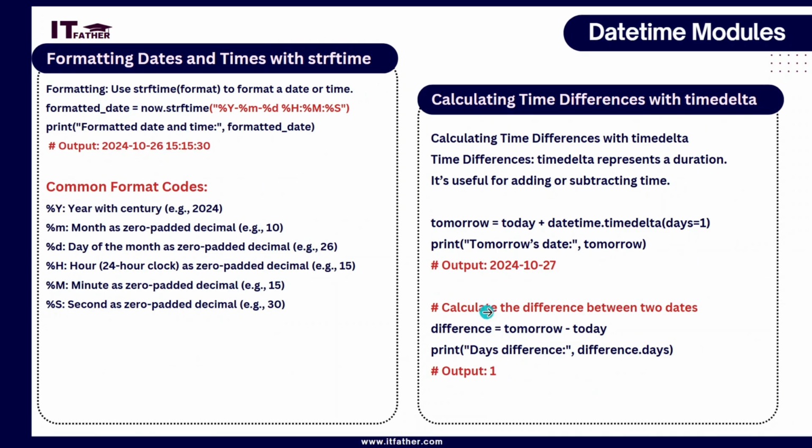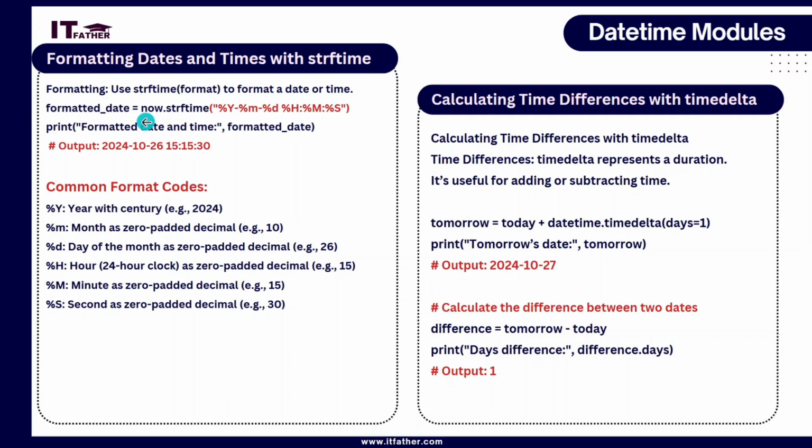Now, formatting of dates and times with strftime. We have one function under the datetime module through which we can format the date and time as per our requirement. If you want to format, see the example here on the screen.